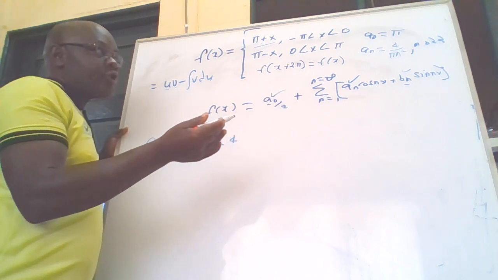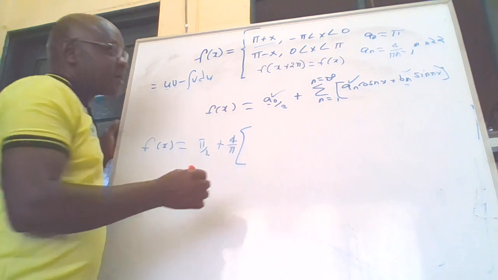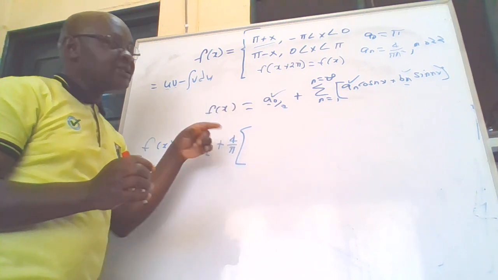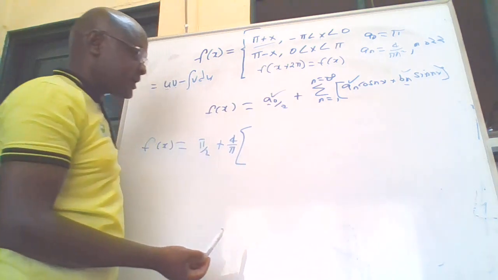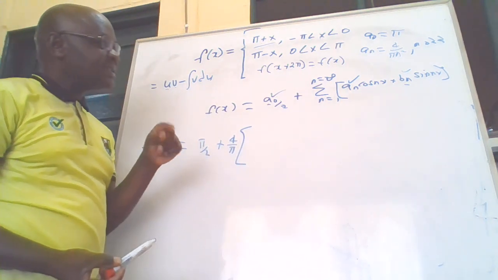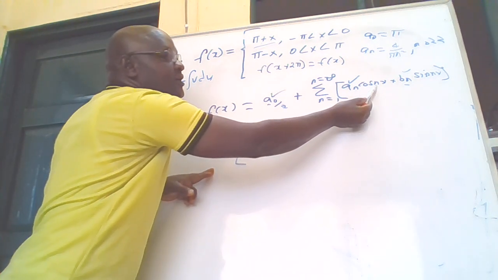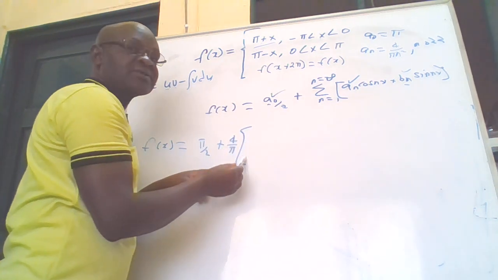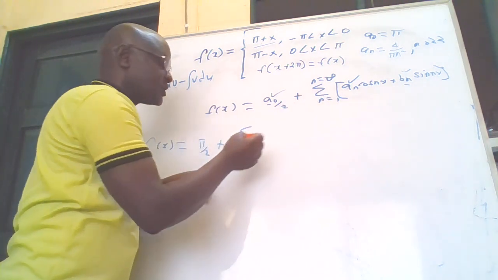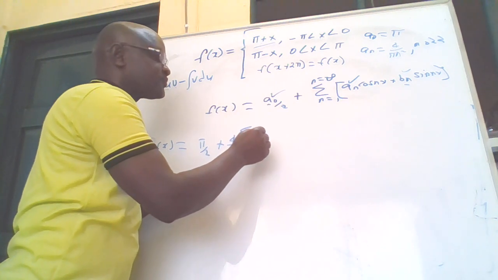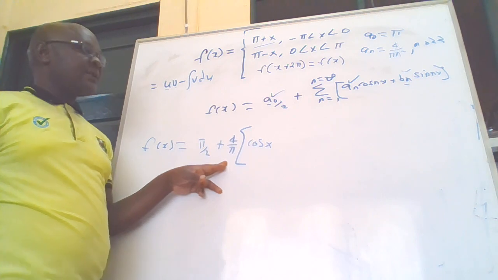I want to retain 4 over pi outside the bracket, then I will take inside 1 over n squared. So we consider when n is 1. When n is 1, we shall have 1 over 1 squared cos 1x, so here we shall have cos x.